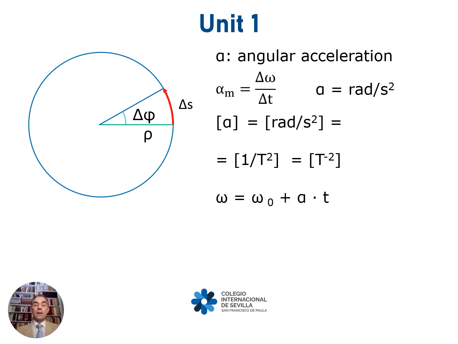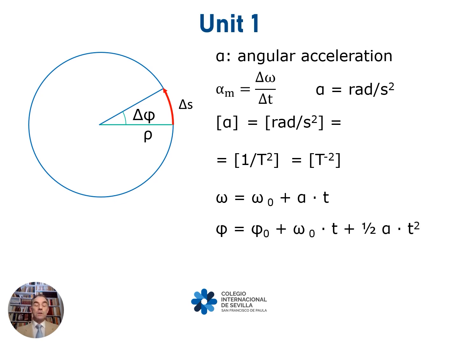Similarly to what happens in the uniformly accelerated rectilinear motion, in the uniformly accelerated circular motion, the angular speed omega equals the initial angular speed omega 0 plus alpha, the angular acceleration, times time.